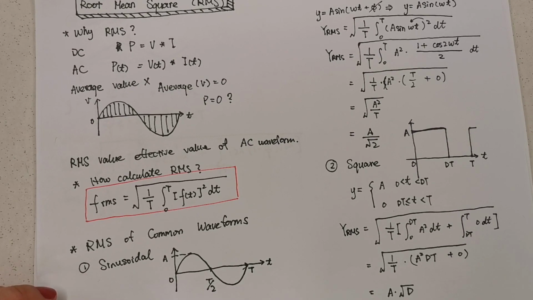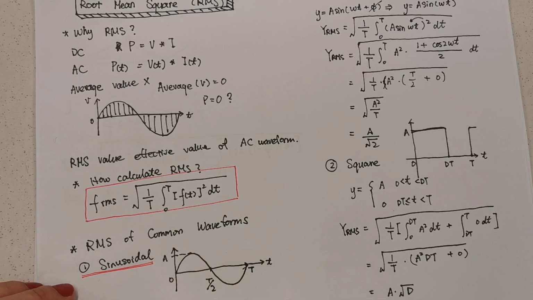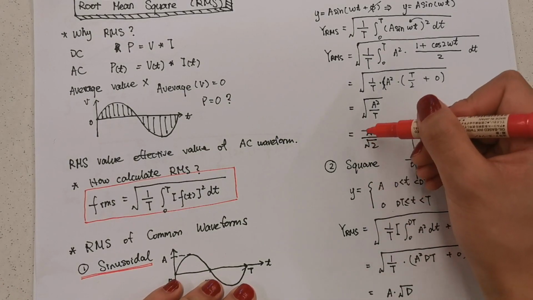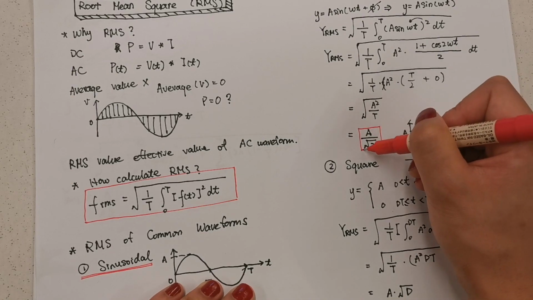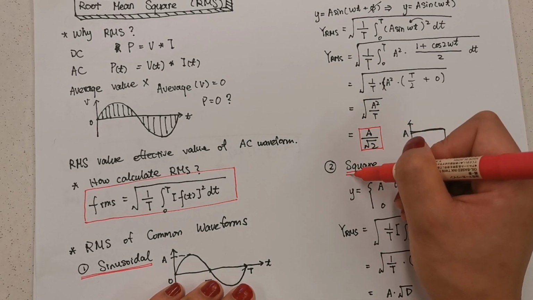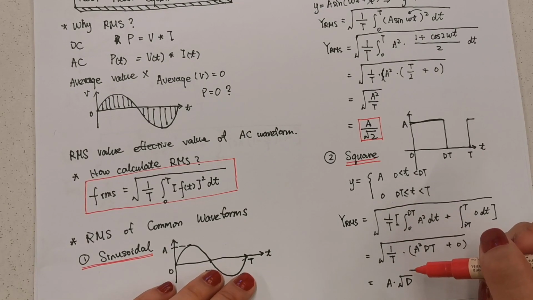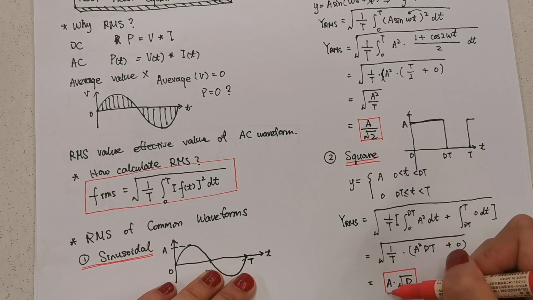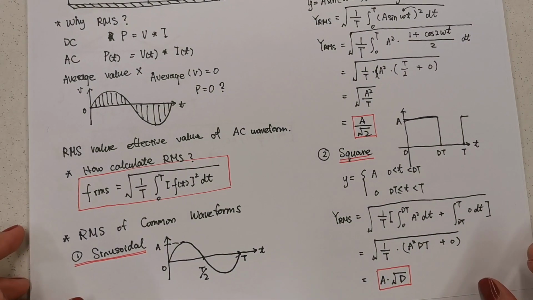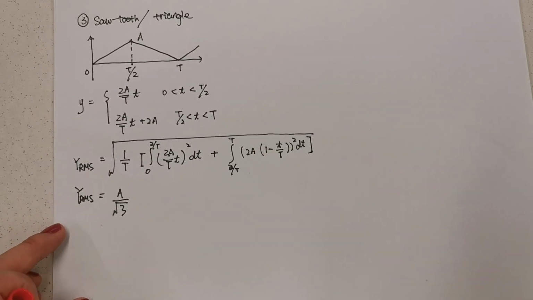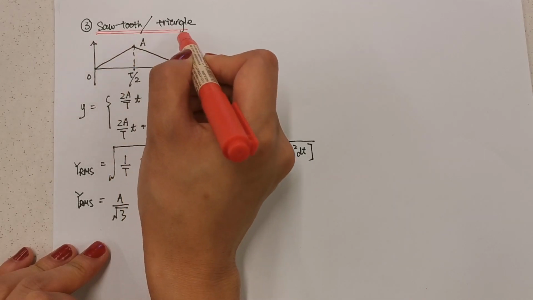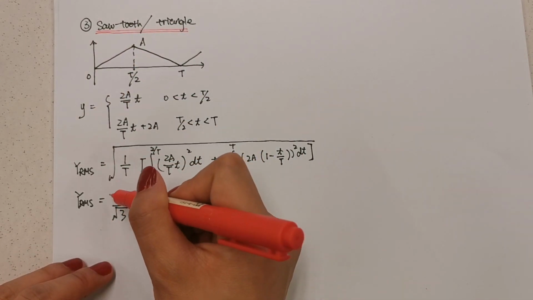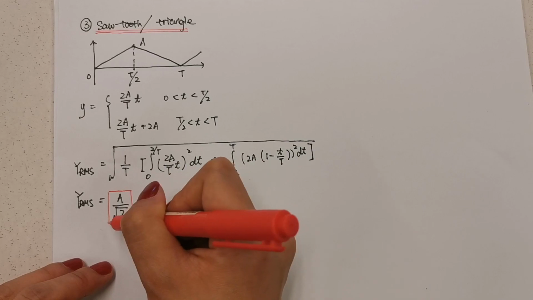For the sinusoid waveform, the value is A divided by square root of 2. For the square wave, the value is A times square root of D. And for the triangle wave, the RMS value is A divided by square root of 3.